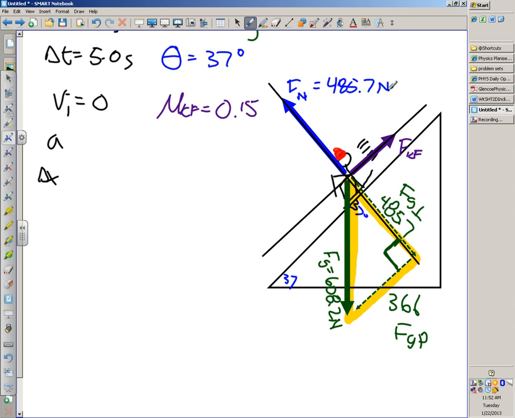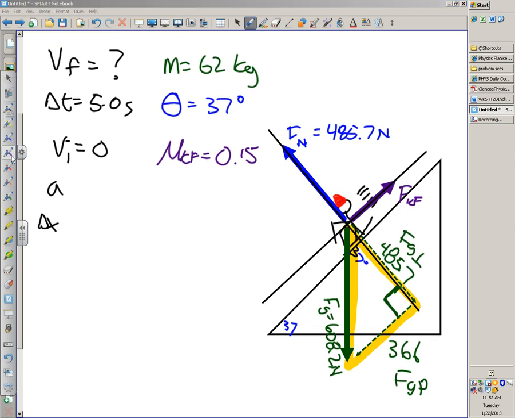No, because it is not an equilibrium problem, right? But if I've got the normal force and the coefficient of friction, can I find the frictional force? You know that the coefficient of friction is equal to frictional force over normal force.